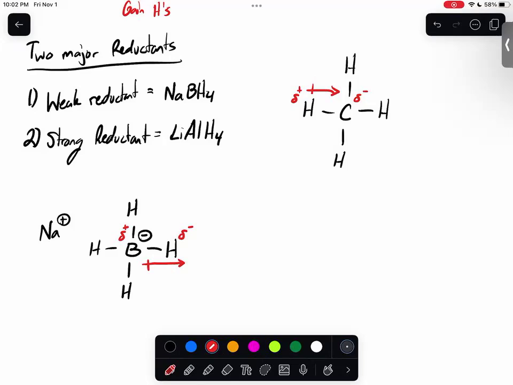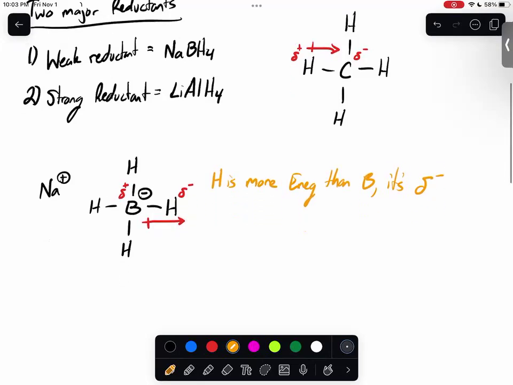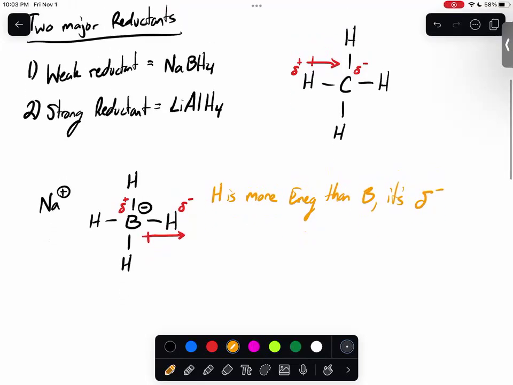So this is the most important part of this type of reagent. Since that hydrogen is more electronegative than the boron, it's partially negative.